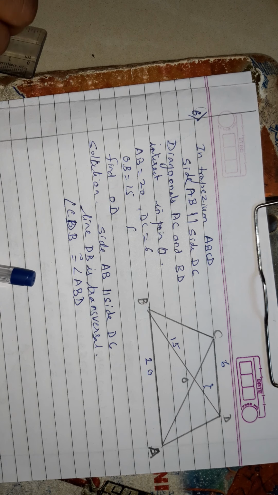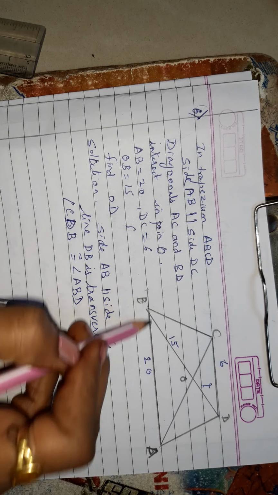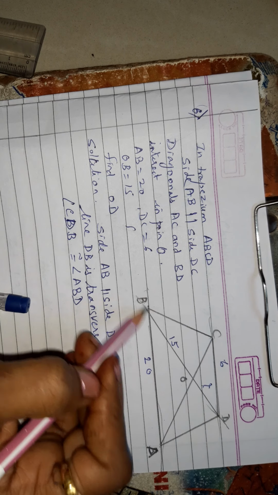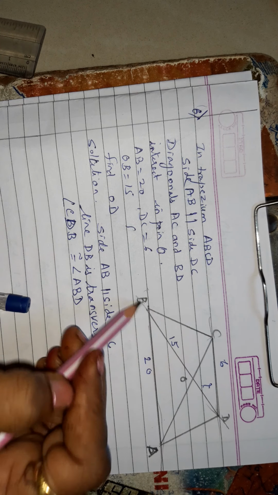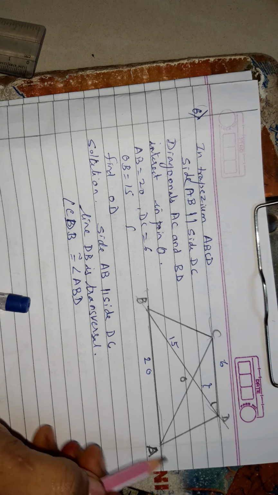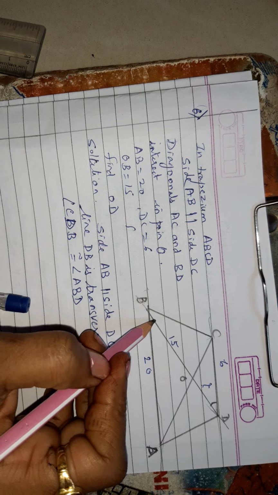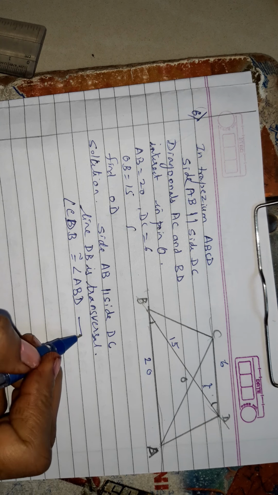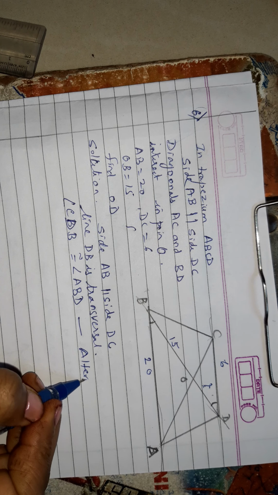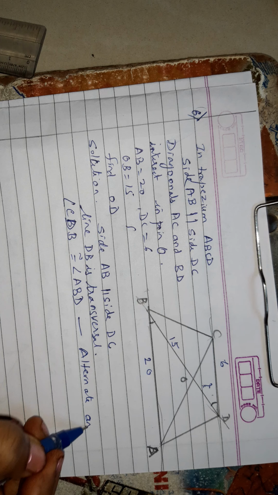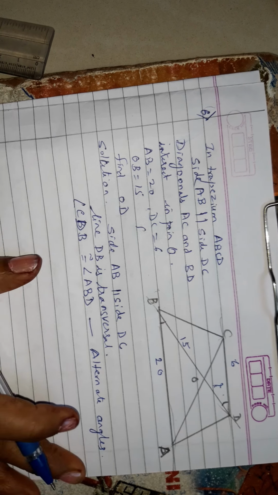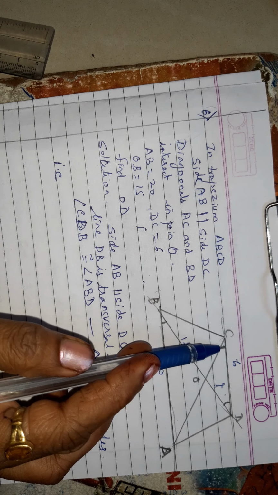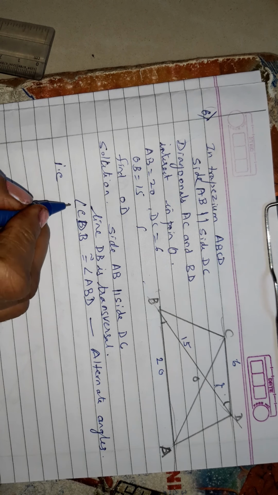Let us see where they are. These two lines are parallel. This is the transversal. So CDB and ABD. Which kind of angles are they? Alternate angles. They are alternate angles.